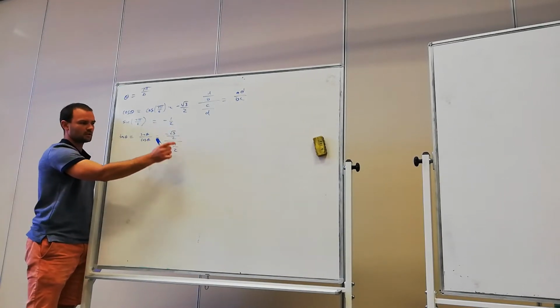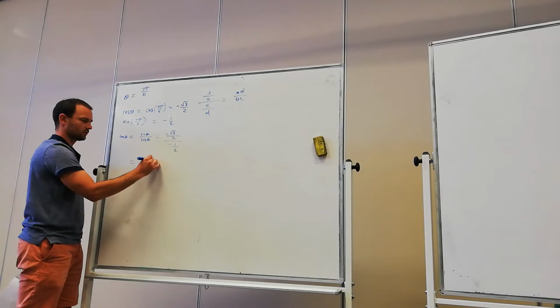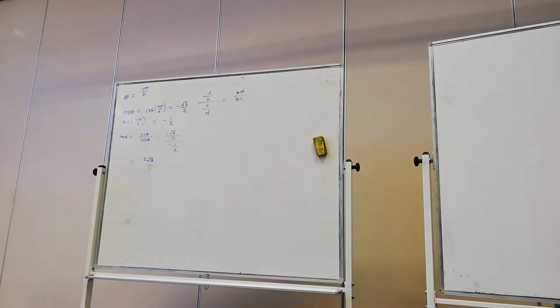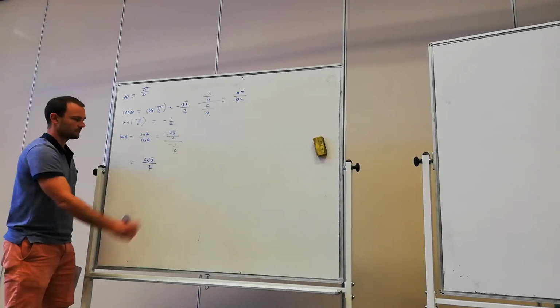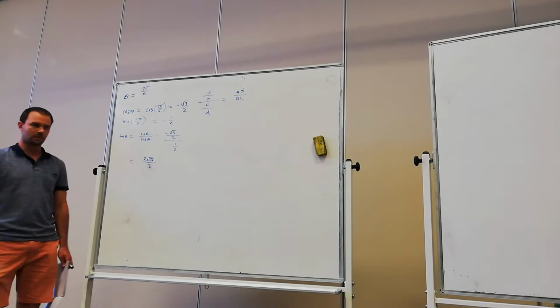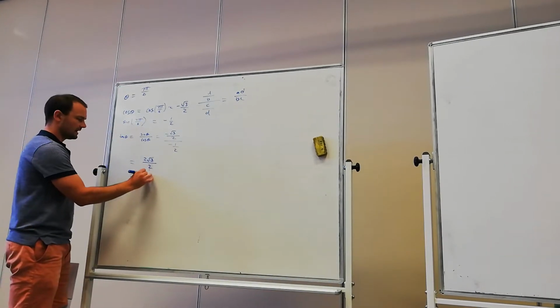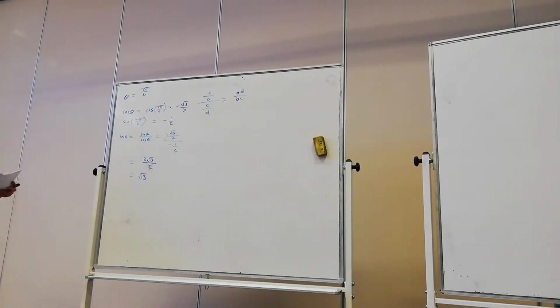We've got root 3 times 2, so that's just going to be 2 root 3. You can put a times in there if you want to, but it is obsolete, we just write 2 root 3. On top of, we've got 2 times 1, which is 2. We've got 2 at the top and 2 at the bottom, so that'll cancel. And so our answer for tan theta is root 3. So sine and cos we can just extract from the unit circle. Tan we have to process a little bit.